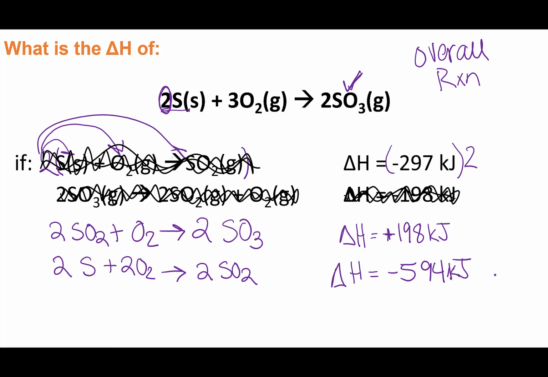Okay. All right, y'all, I've made 2 fairly significant manipulations. I have reversed one of the reactions. I have multiplied one of the reactions by 2. Now let's add these 2 together and see if we can get to our overall reaction.